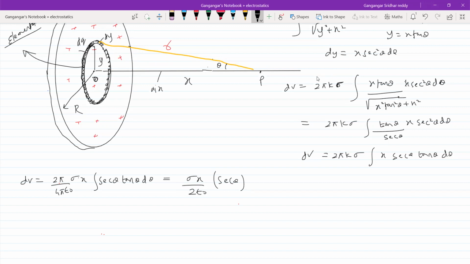So the limit, let me write here only 0 to capital R. You can change in terms of theta, let me make it very simple. So now replace this with sigma x by 2 epsilon naught, 1 by cos theta. Now what is cos theta from the diagram?